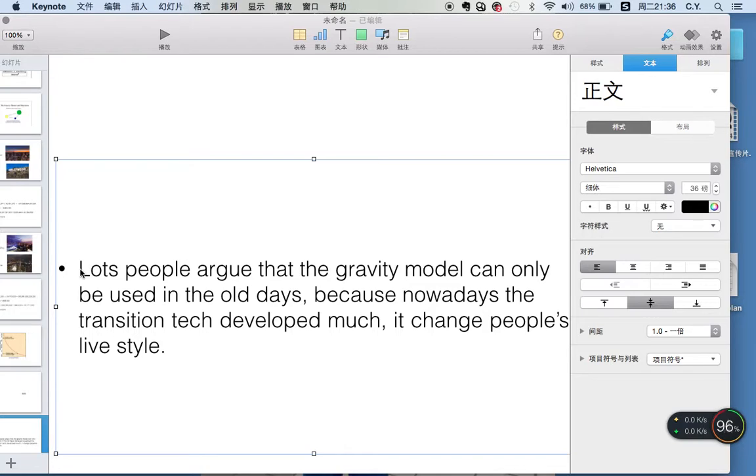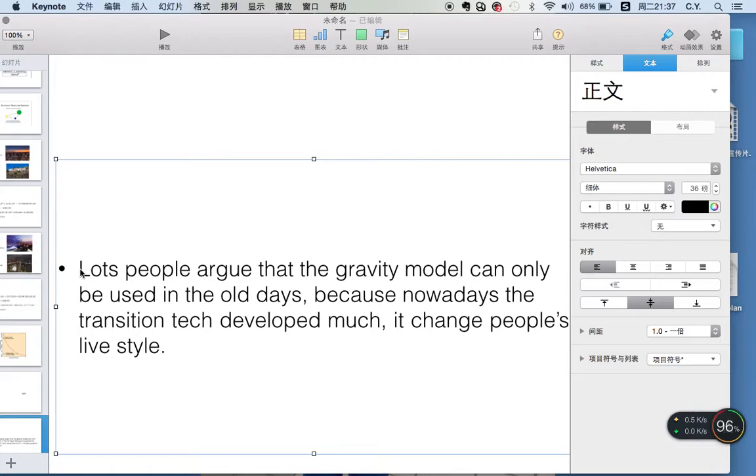For example, in ancient times, if people wanted to go to a really far city, even though it had a very large population, it was hard to go there, and almost impossible for people to migrate there and keep surviving. But nowadays, it's very easy for Chinese citizens to just travel to America because technology is developing.